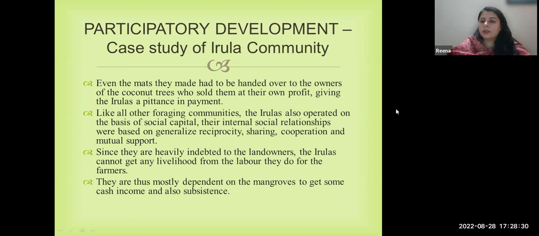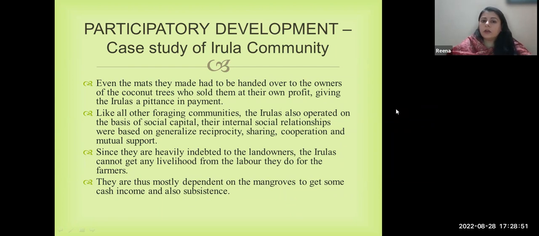So basically local landowners used to enslave the people who were marginalized and who did not have enough financial stability. Even the mats they made had to be handed over to the owners of the coconut trees, because they sold them for their own profit.